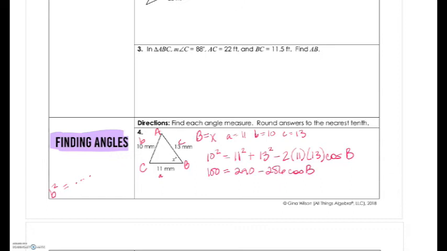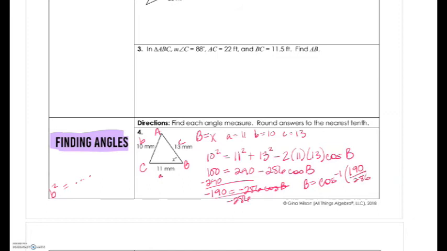So then I'm going to subtract the 290 from this side, and I'm left with negative 190 equals negative 286 cosine of B. Divide by negative 286, and I get 190 divided by negative 286. I'm not going to change that to a decimal. I'm going to go ahead and write it out that B is the inverse cosine of 190 over 286.